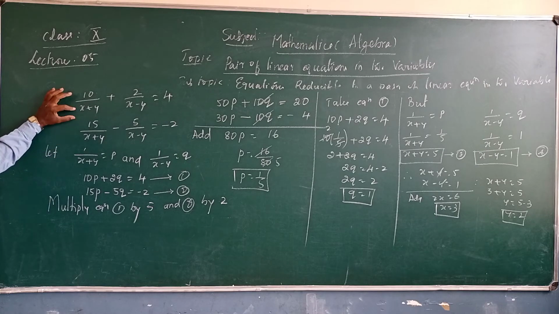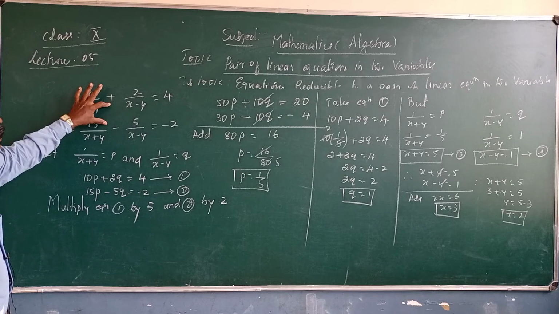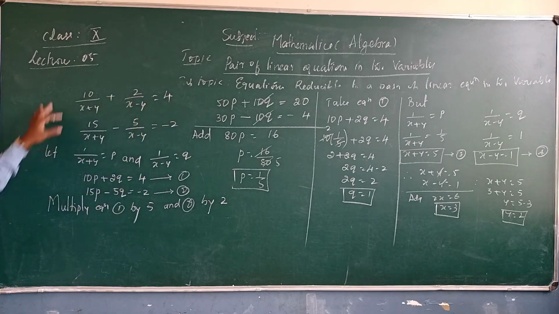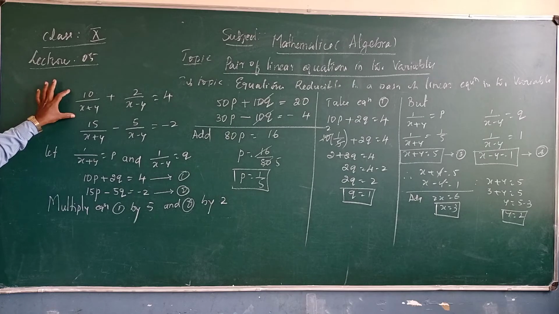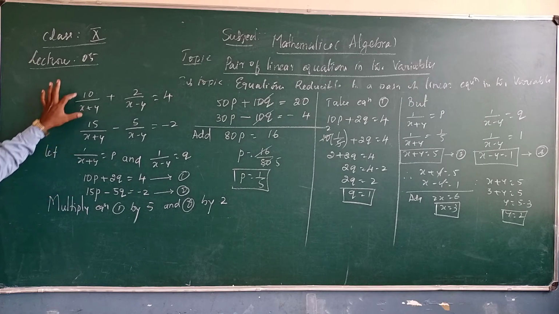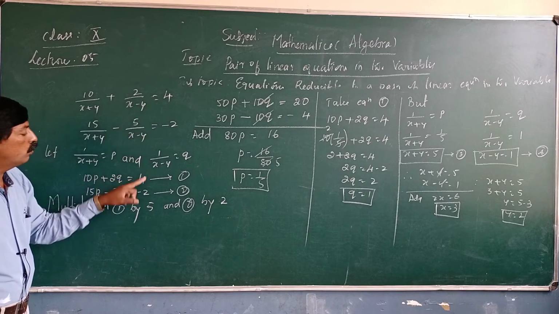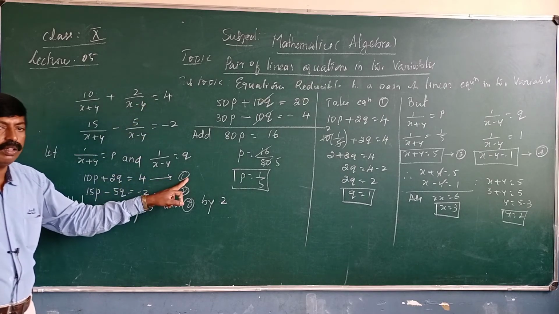10 divided by x plus y plus 2 divided by x minus y is equal to 4. So here, we have written 1 by x plus y, we have taken it as p. 2 divided by x minus y, 2 times q is equal to 4, call it as equation 1.